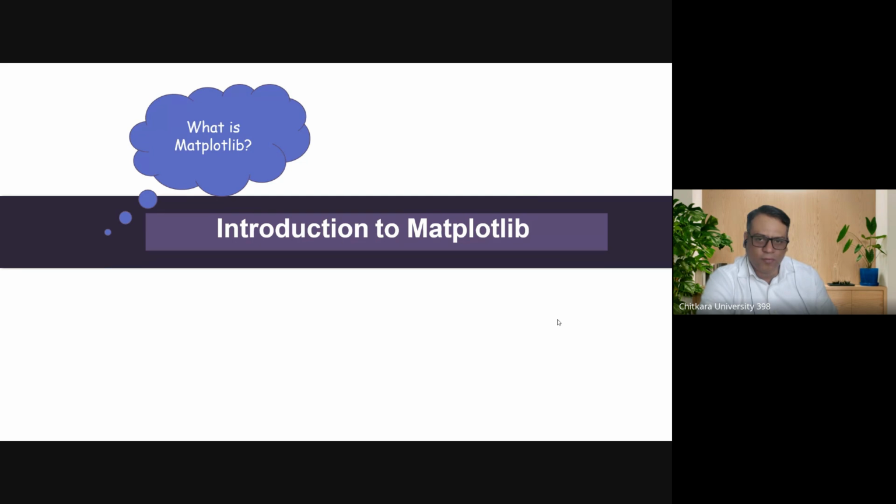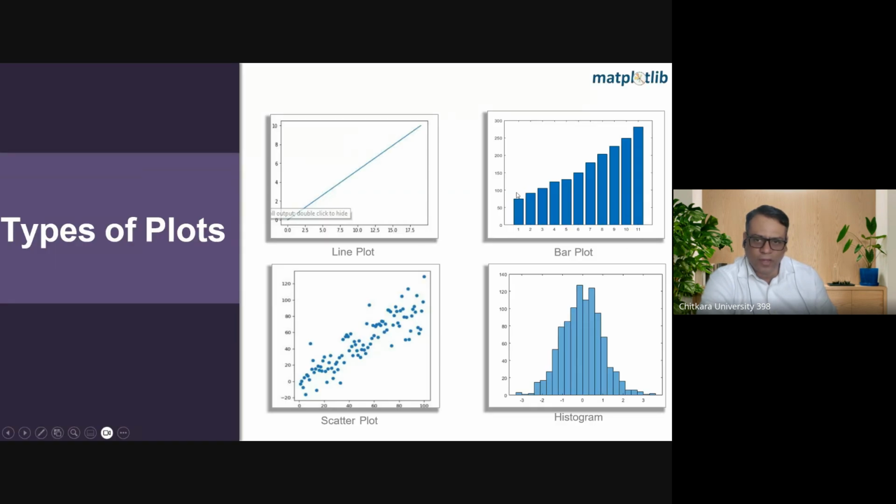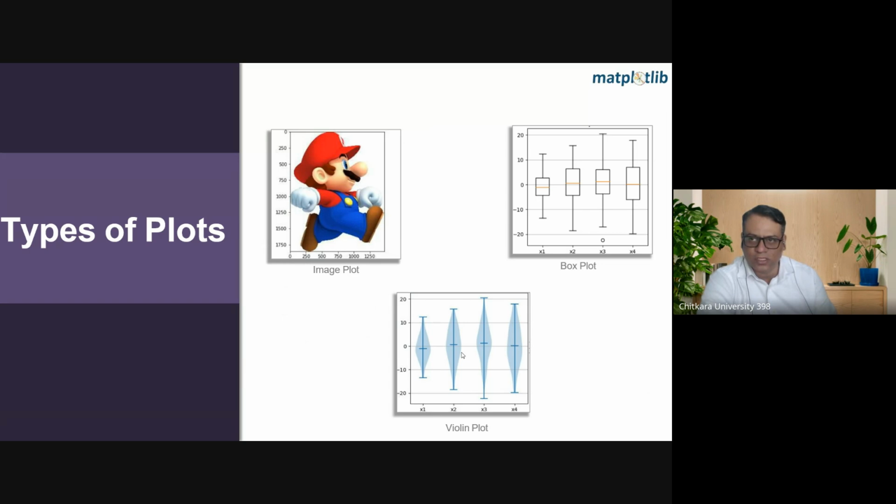So right here, first Matplotlib, we have already drawn the line plot, bar plot, scatter plot, and histogram. So you have to identify what your need is and which type of graph will better suit your data representation. Then you have to use that graph.